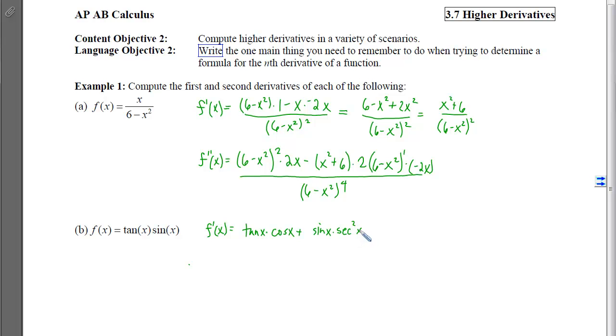Now I could simplify if I chose, because tangent is sine over cosine and the cosines would cancel, and I'd get a sine of x plus a sine of x times a secant squared. I could leave it like this and differentiate, or I could even factor so that I just have to do the product rule once.